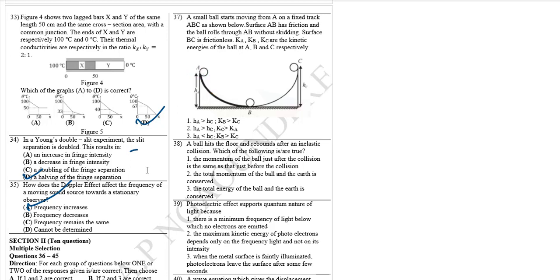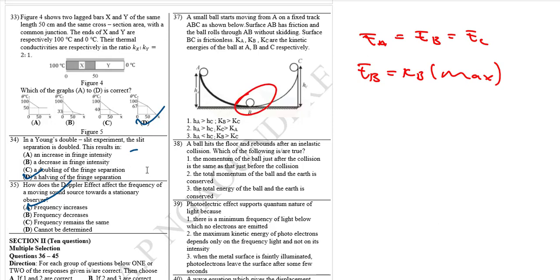So from the conservation of energy, the energy at A is equal to the energy at B, which is equal to the energy at C. The energy at B is simply the kinetic energy, and that's where kinetic energy is maximum. At no other point will the kinetic energy be maximum. At C, the energy will simply be mg times hc plus a certain kinetic energy at C.